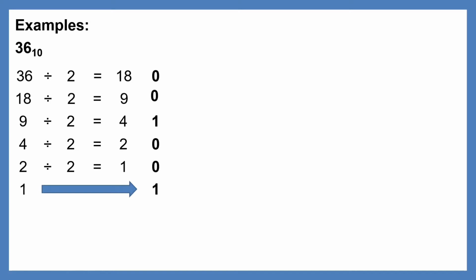You write it from the most significant bit to the least significant bit. So we have 1, 0, 0, 1, 0, 0, base 2. So again, 36 base 10 is equal to 100100 base 2.